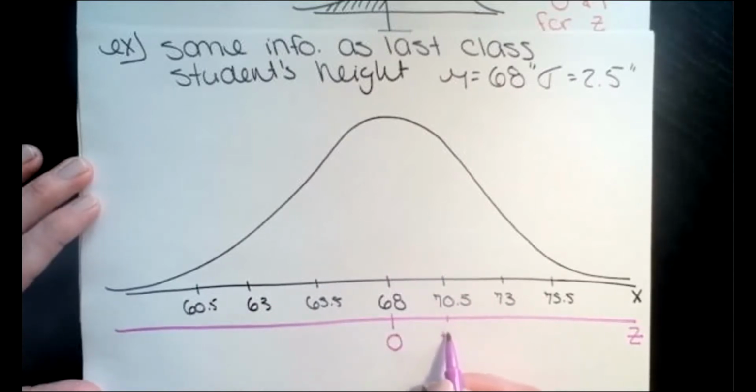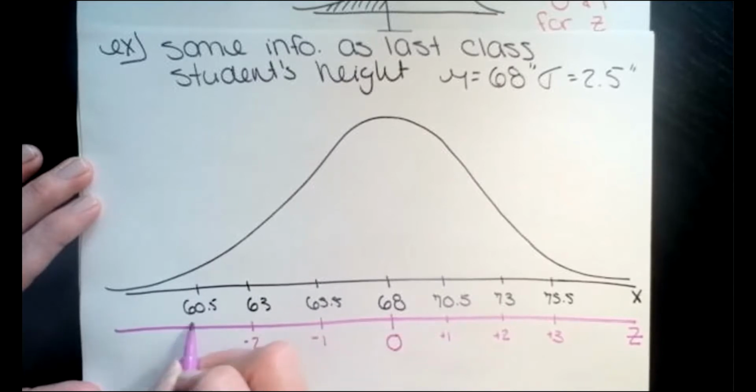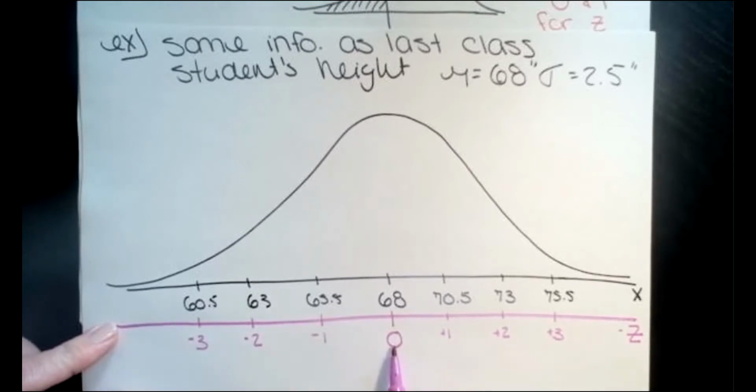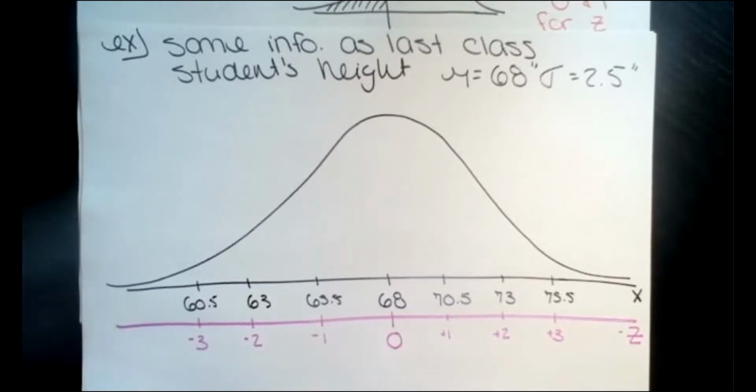And I have +1, +2, +3. You don't have to write the plus. I'm just showing you it's positive, and over here is negative. And this is all it does. So when you're studying a standard normal curve, your horizontal axis is just Z, and it's 0, 1, 2, 3, -1, -2, -3. Okay.